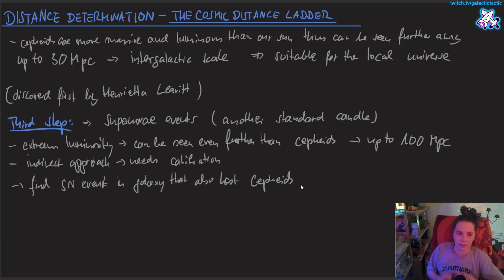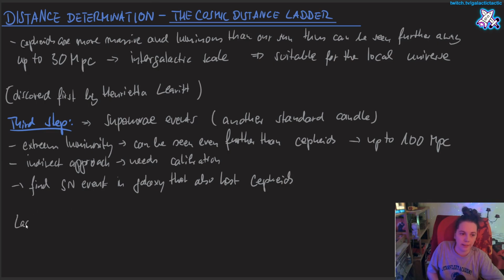So a galaxy that is close enough that we can still see the Cepheids and the supernova event. Then we determine the distance with the Cepheids and then calibrate it to the supernova event. And then we can estimate the distance to the galaxies.